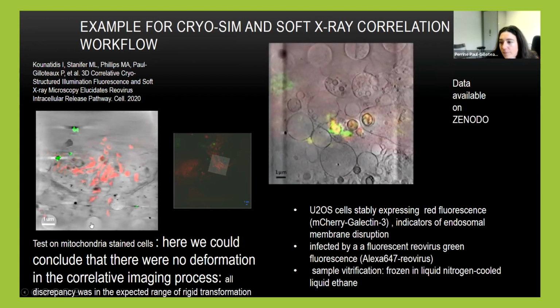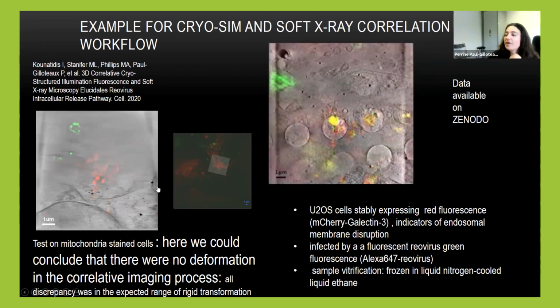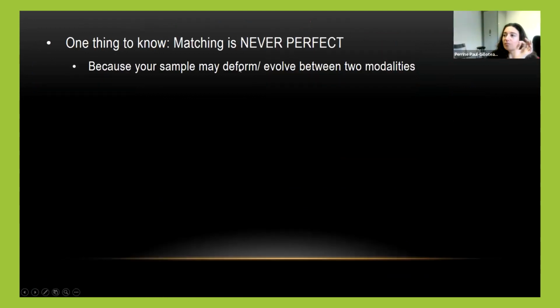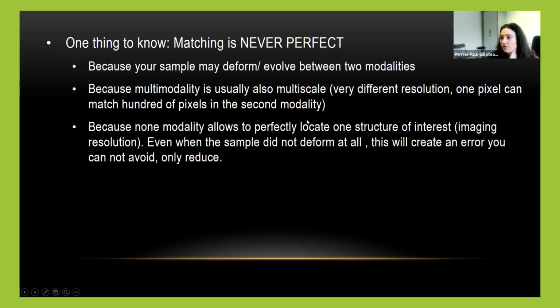Here it's not too bad, but there is some small discrepancy. This is not perfectly aligned. And basically, that's something you will never reach. Because sometimes your sample deform, it was not the case here. Also because it's super multi-scale, so basically 1 pixel from the light microscopy data here was 100 pixels in the other modality, for example, so that makes a lot of difference in resolution.